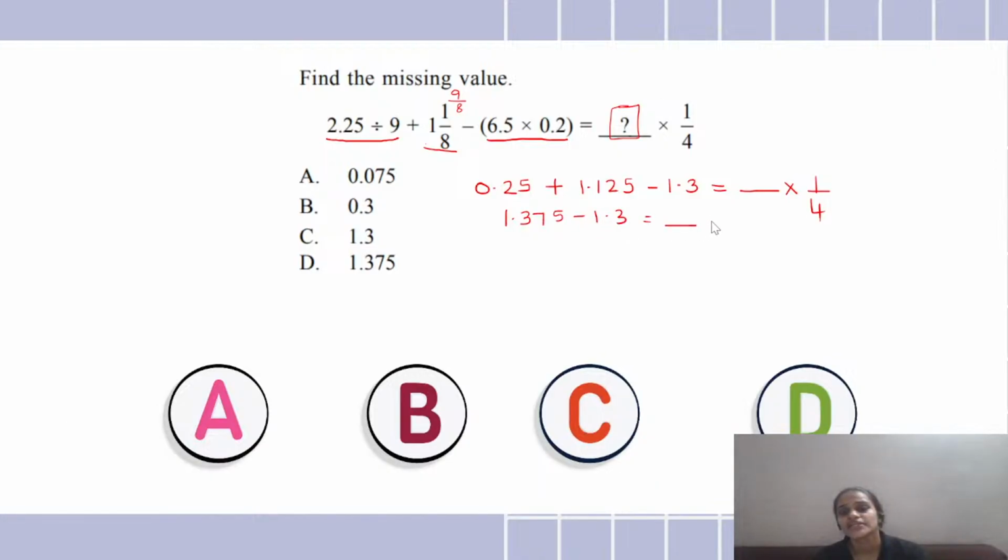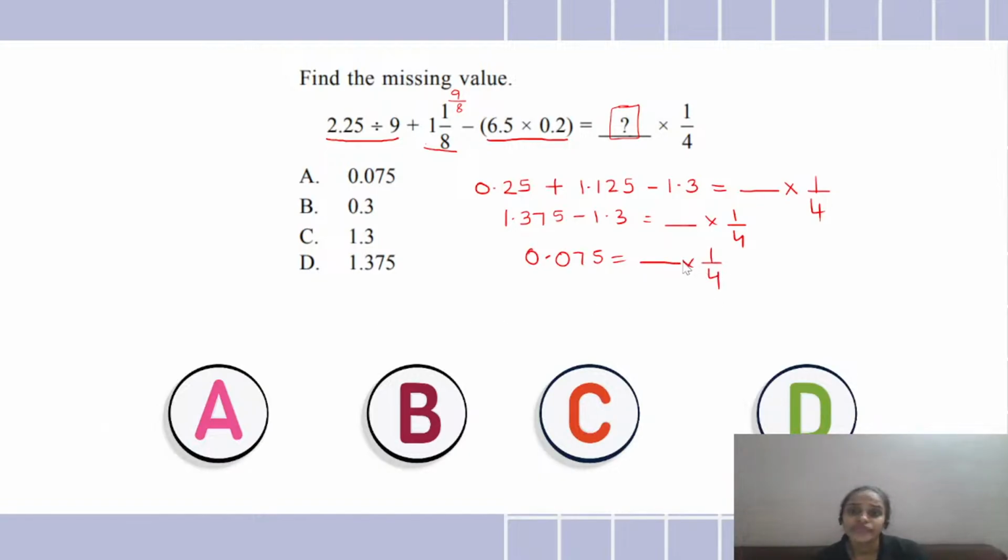Once again, it equals to something multiplied by 1 upon 4. Now, 1.375 minus 1.3 equals to 0.075, and this side remains the same.